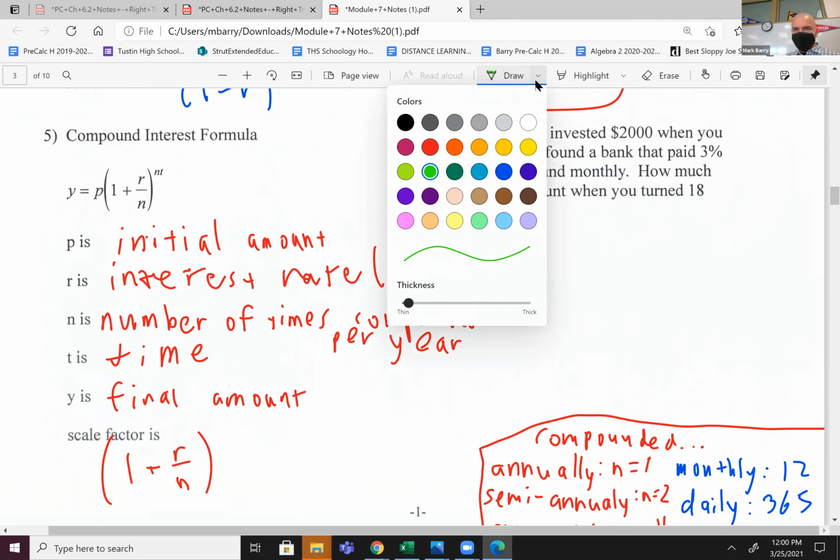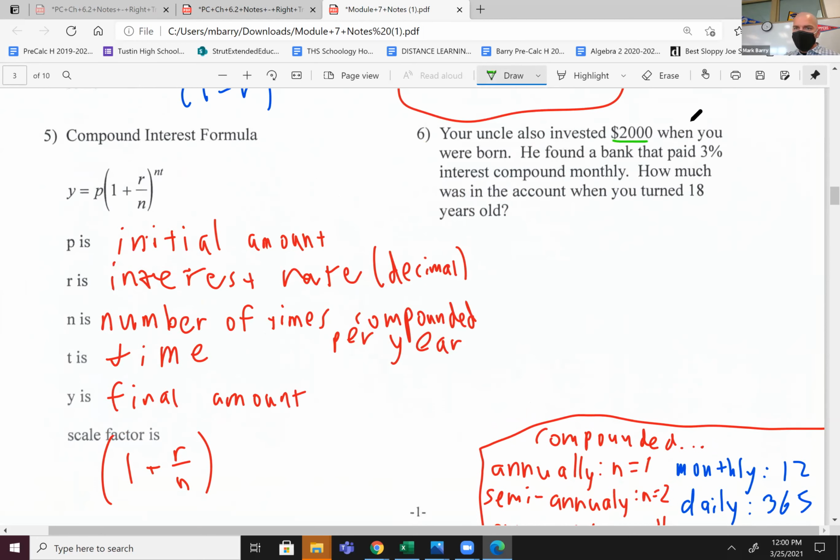Okay, so now let's do our problem here. So you invest $2,000 when you're born. So that's my initial amount, 2,000. We got 3% interest. So R is 3%, which we know we need to convert. 3 over 100, 0.03.